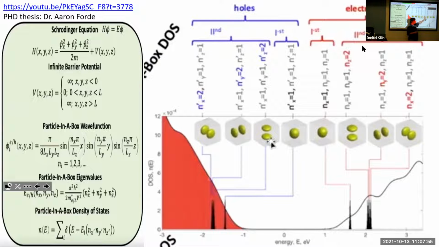Therefore it forms a shape that looks approximately like a sphere, but it's a product of three sines in x, y, and z. Then the next three states, which may have equal energy if the box is truly cubic, will have a full-period sine along either the z direction. Now there is 1 nodal point and 2 maxima along z, and still sines along x and y.